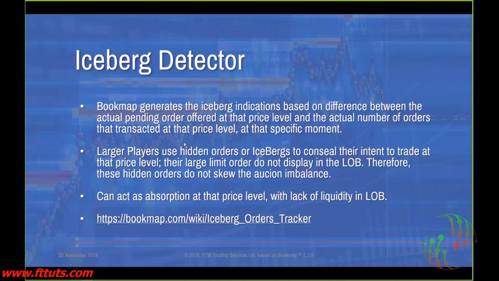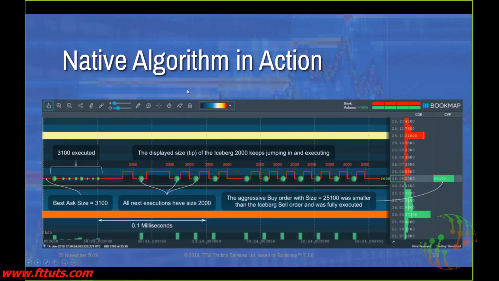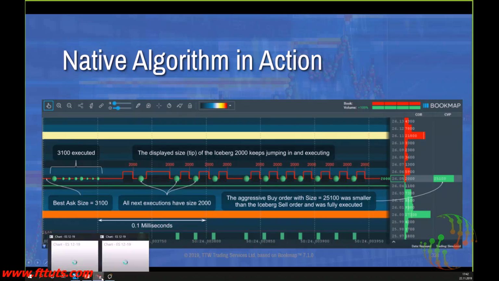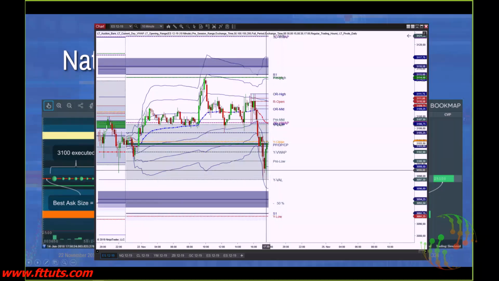Absolutely important to know. We should always keep this in mind. They can act as absorption at that price level with a lack of liquidity in the limit order book. So you see that, you see they are hitting constantly. This is hidden. You can't see that on any of those or similar charts.